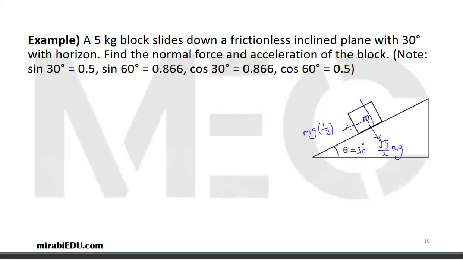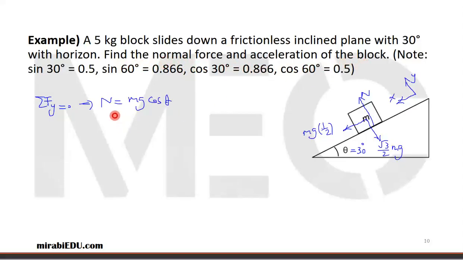Another force acting on the object is, of course, N. As I said before in the previous slide, taking the x and y directions, we can say sigma F of y is equal to 0, and therefore normal force is equal to mg cosine of theta. What is the question asking? Find the normal force and acceleration of the block.